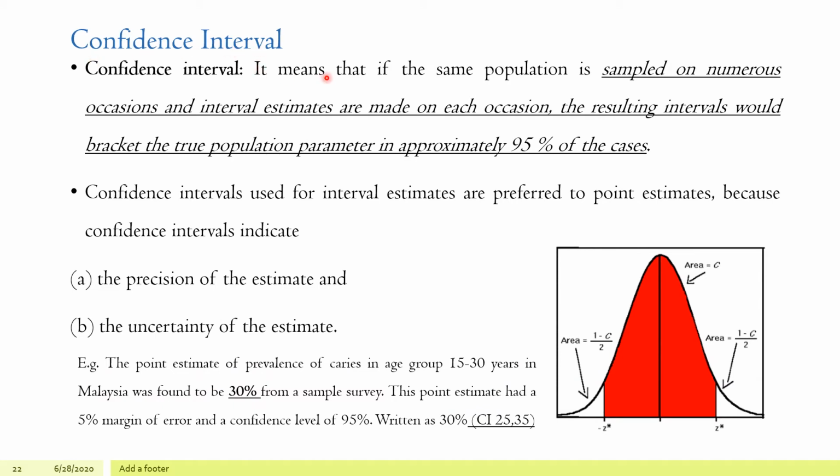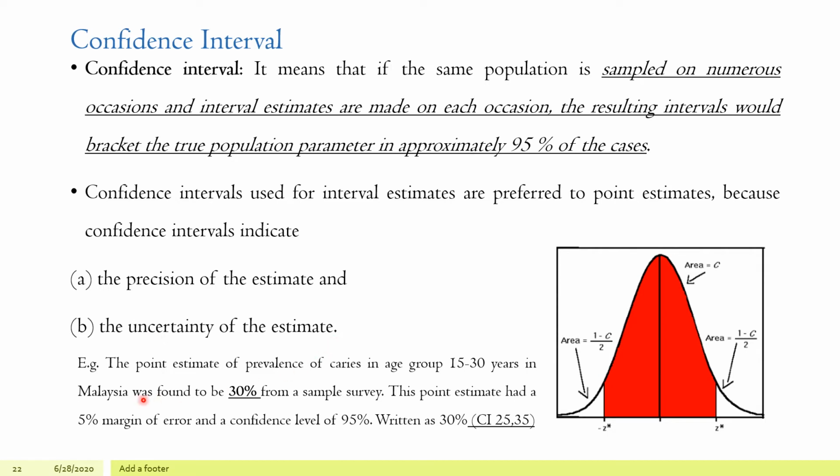Confidence interval means that if the same population is sampled on numerous occasions and interval estimates are made on each occasion, the resulting intervals would bracket the true population parameter in approximately 95% of the cases. Confidence intervals used for interval estimates are preferred to point estimates because confidence intervals indicate the precision of the estimate and the uncertainty of the estimate.